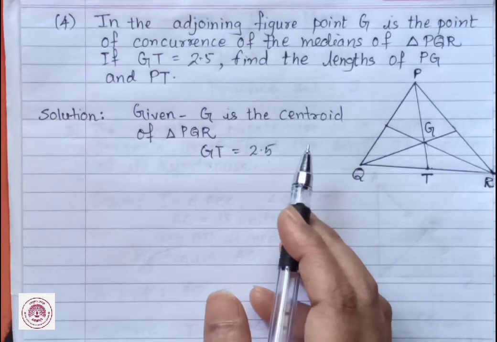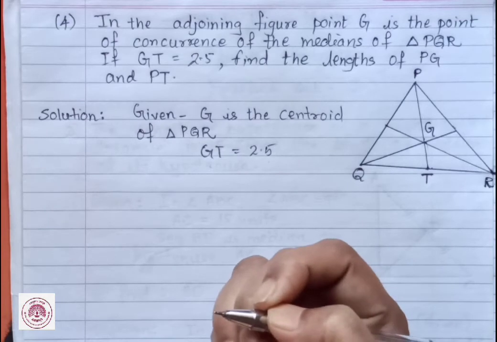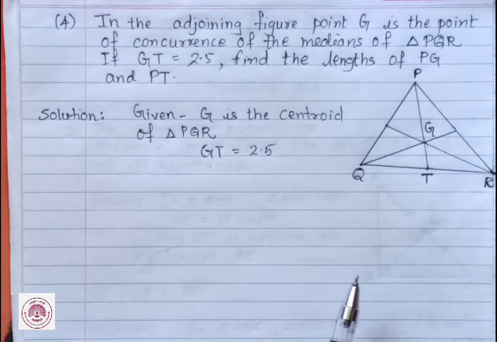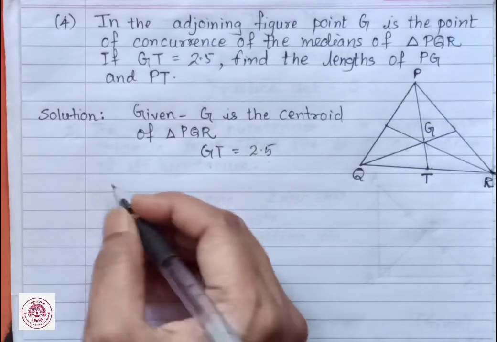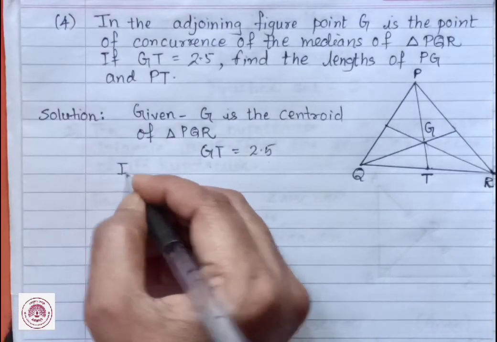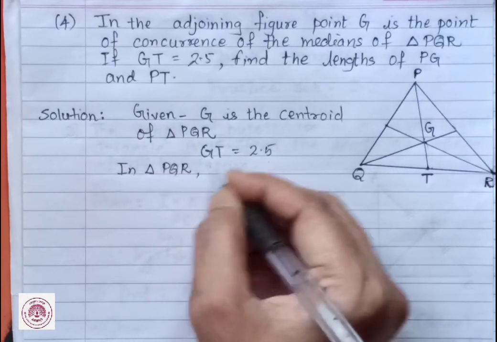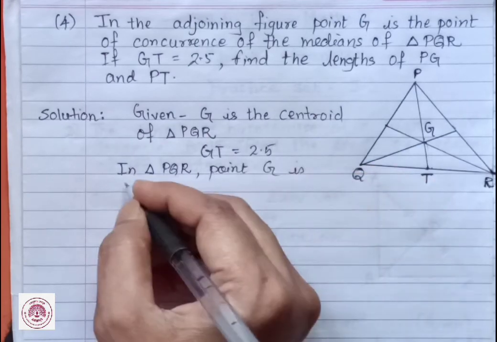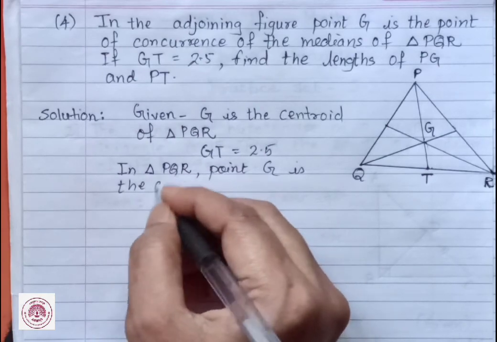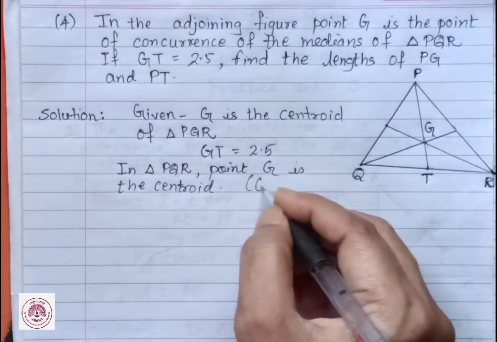This is given. Now we have already learned the property that the centroid of a triangle divides the median in the ratio 2:1. So let's apply this property here. In triangle PQR, point G is the centroid. This is given.